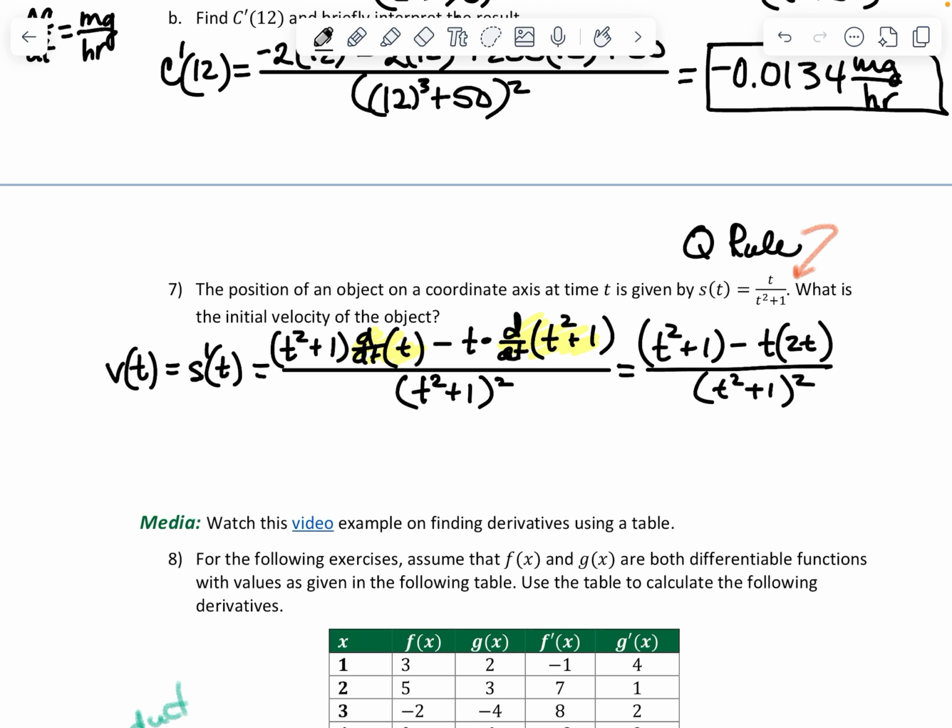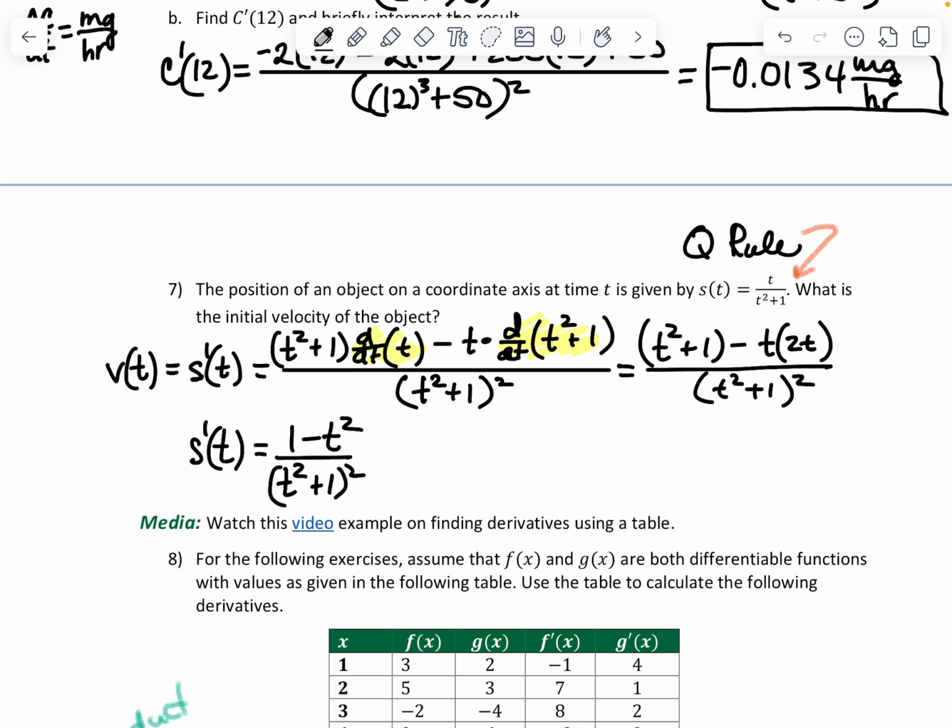So it ends up to be equal to, I'm going to say the velocity s prime of t is then equal to 1 minus t squared, since it's t squared plus 1 minus 2t squared, that's what I'll get. And then over the t squared plus 1 squared in the denominator.